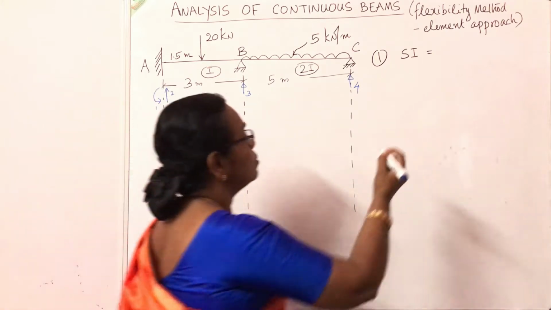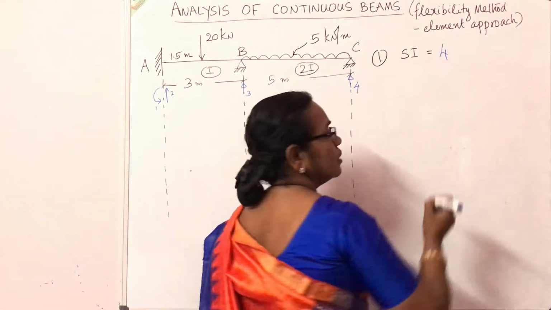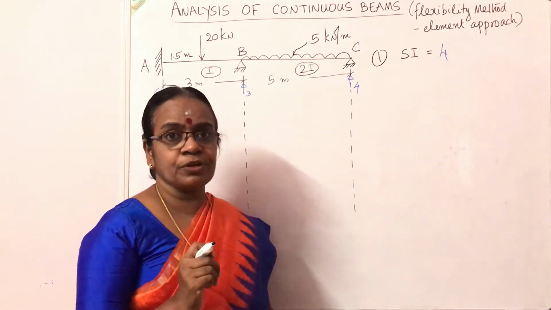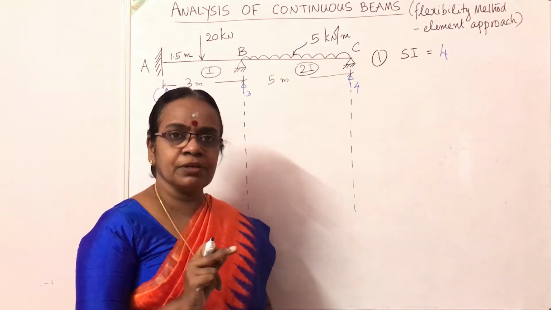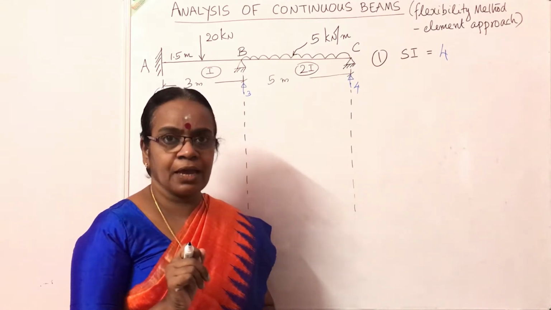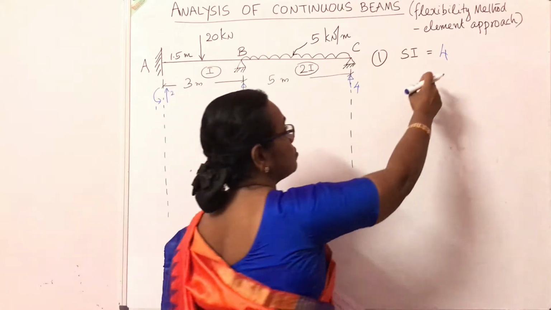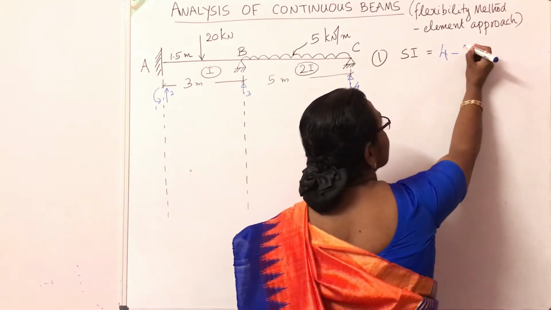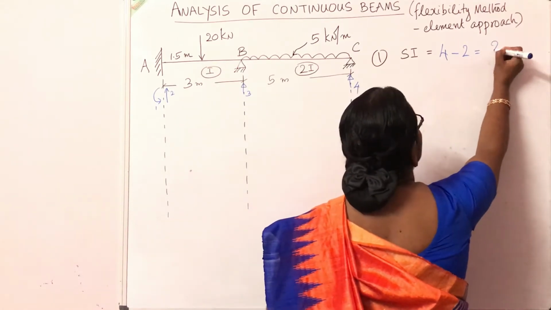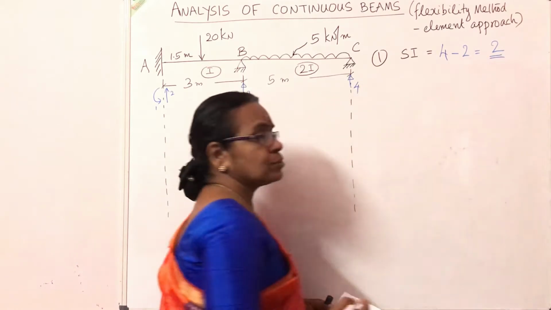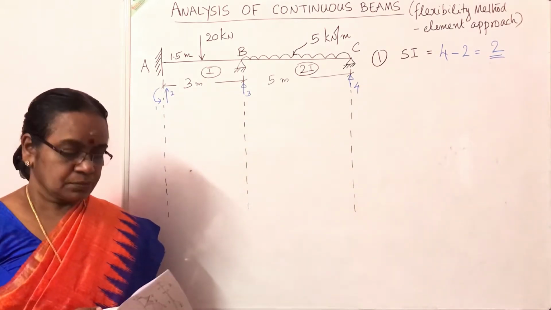There are 4 unknowns, and we need to consider only the 2 equations of equilibrium, sigma F_y equal to 0 and sigma M equal to 0. So the number of unknowns 4 minus the 2 equations of equilibrium, the static indeterminacy is equal to 2.